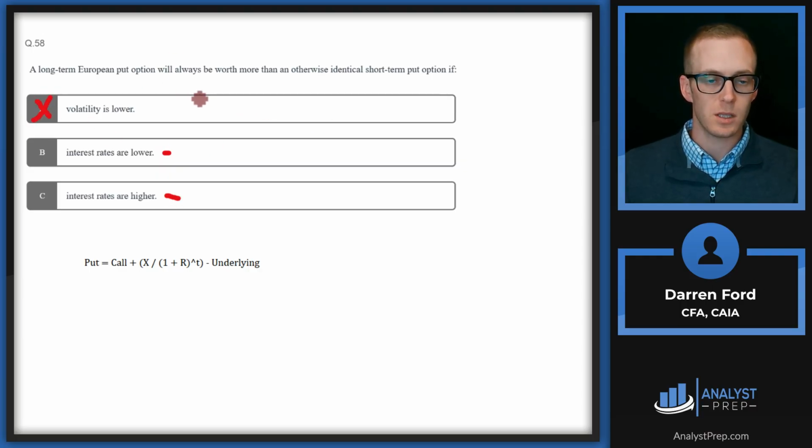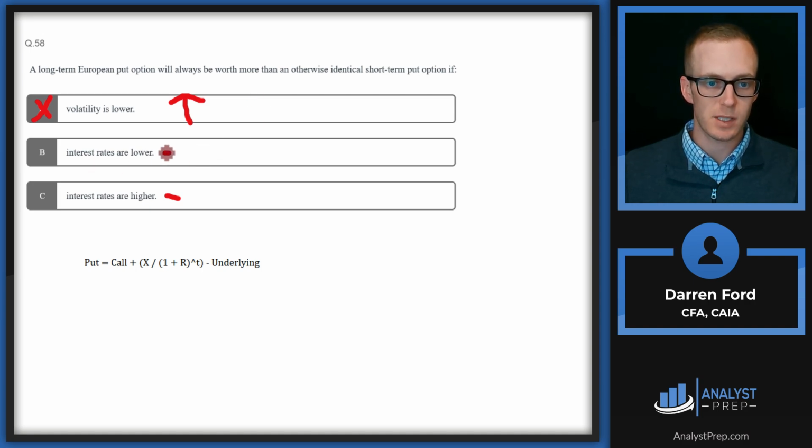If volatility is lower, this is going to make a longer term option not worth as much more. When volatility is high and we have a longer time horizon, that's going to make it more likely that we end up in the money. And so that's going to make it worth more with volatility being higher.